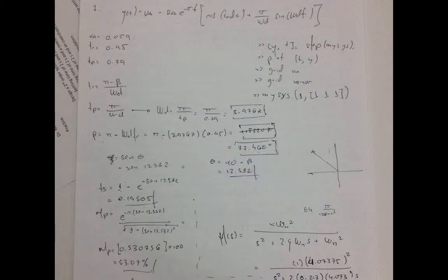So with this, we calculate the beta. It is pi minus omega t plus... We do this operation in degrees. So we pass this value to degrees, as the same here. So for beta, we got this value.